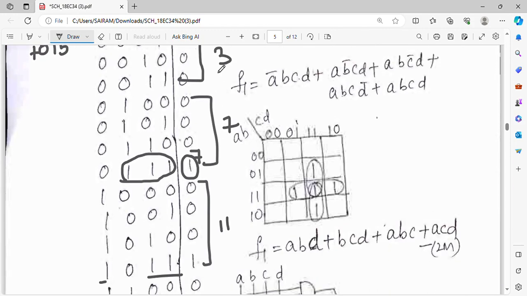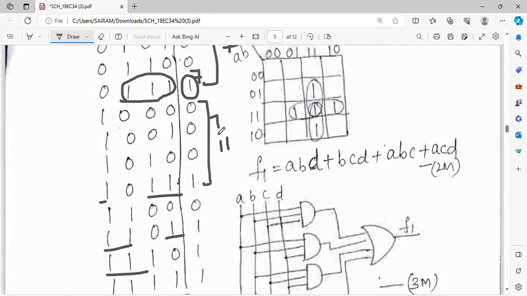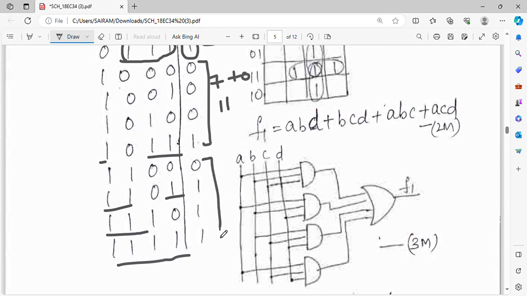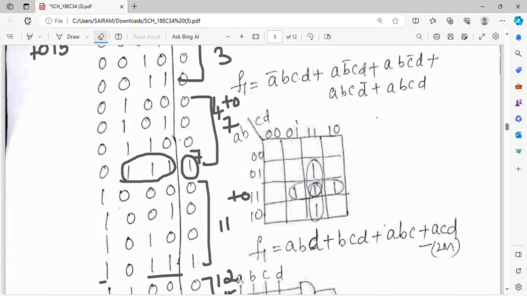Okay? 0 to 3, 7 to 11, and your 12 to how much? 15, right? Here it is not 3 to 7, here it is 4 to 7. 4 to 7, 8 to 11.